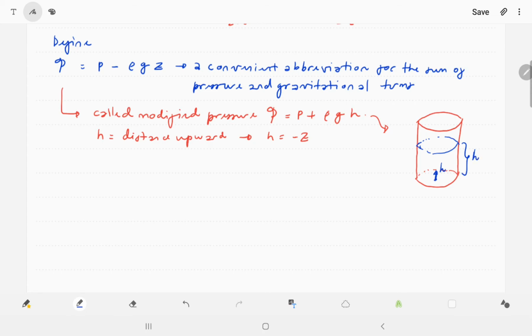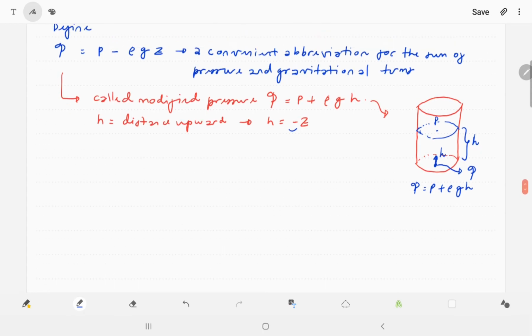So the pressure at this point in here will be equal to whatever is in here, P, plus rho G H. But in our case, the starting point is different from this one. That's why we have this minus before the z.